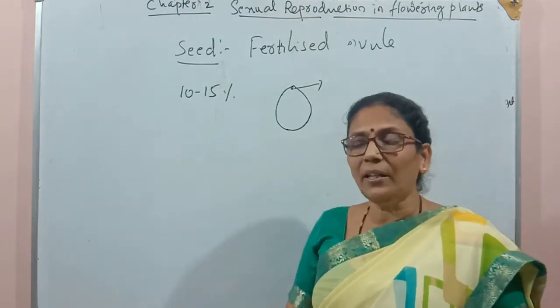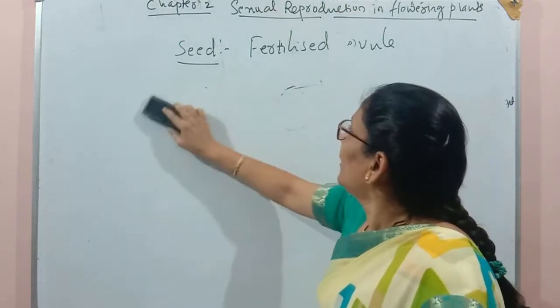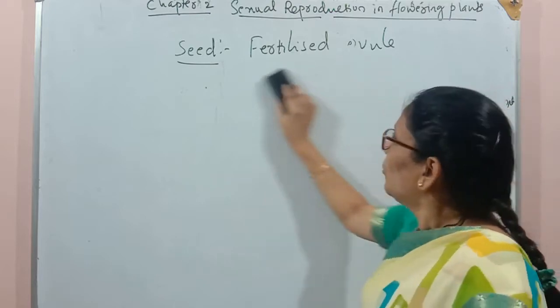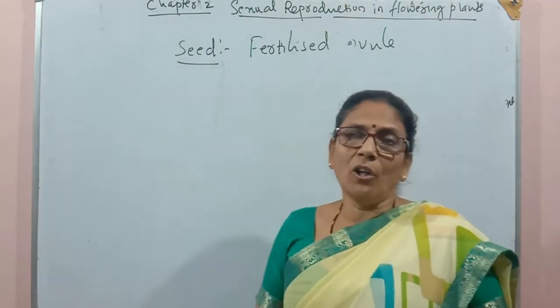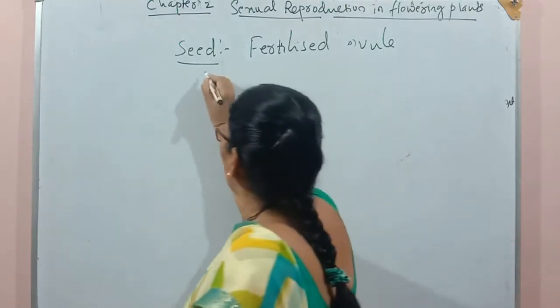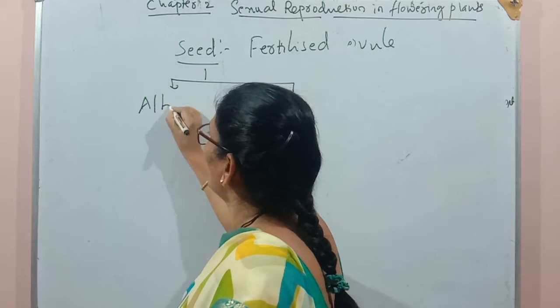Seeds can be divided into two types. One is albuminous seeds and non-albuminous seeds, or exalbuminous seeds.